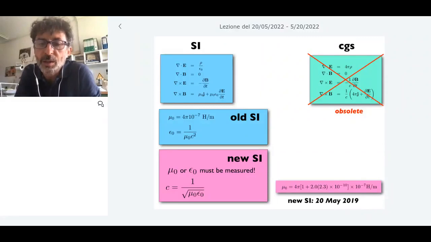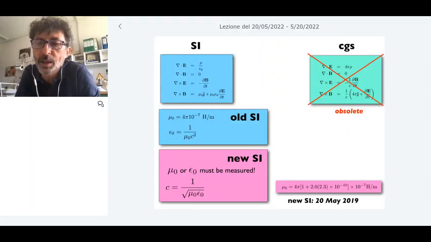What does it mean? It means that in the CGS, where we had only one constant, the speed of light, this system is not compatible with the physics anymore. It became obsolete.